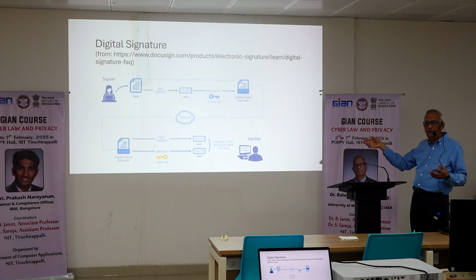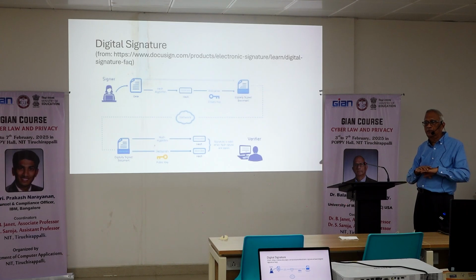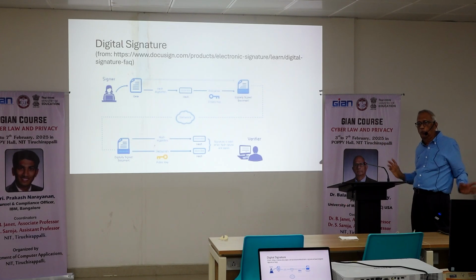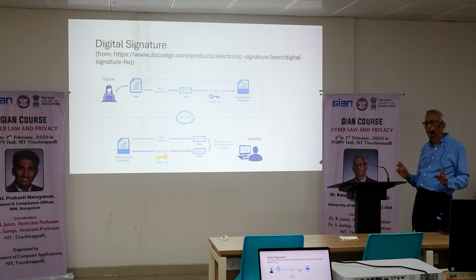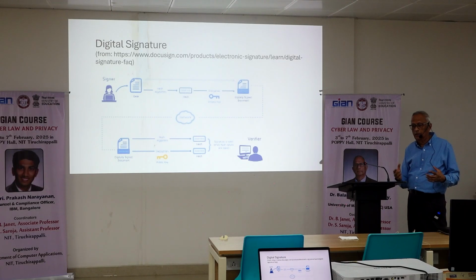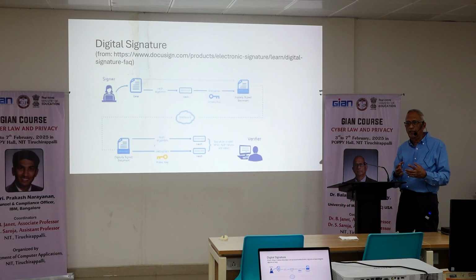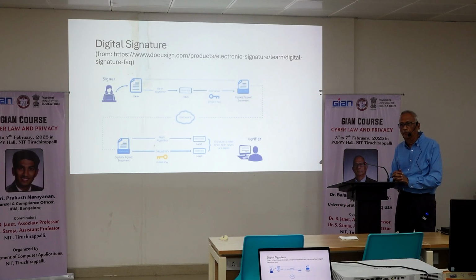In order to have this concept of digital signature, which is, by the way, allowed throughout most of the world, it requires a public key infrastructure. And the public key infrastructure will have what's known as a certification authority.